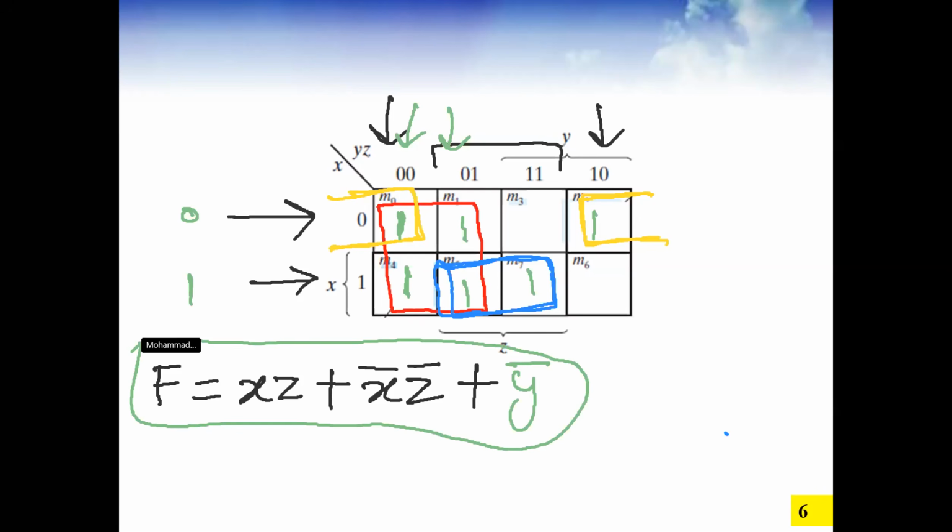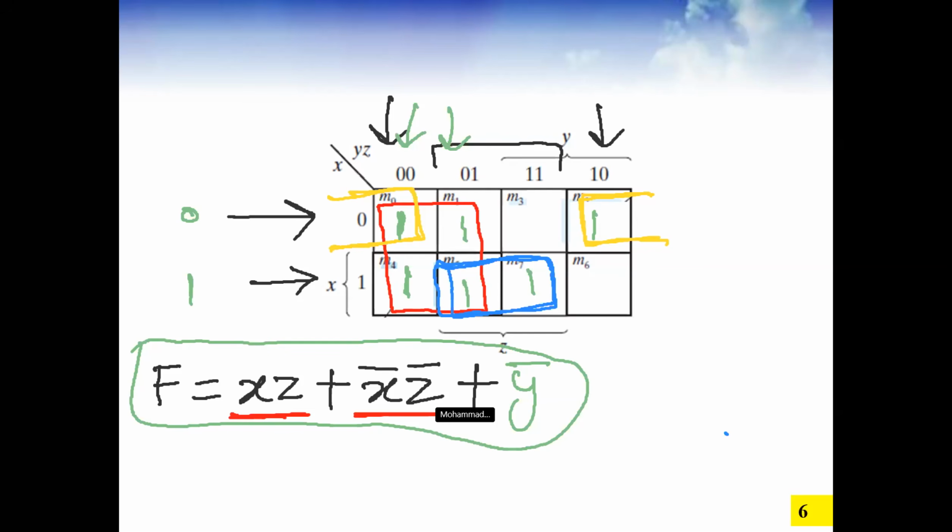Have you noticed something? We made 3 groups. 2 groups are basically groups of 2 ones. The third one is basically a group of 4 ones. If you just focus there, you will see the smaller groups, which are 2 and 2, are giving me 2 literals each.